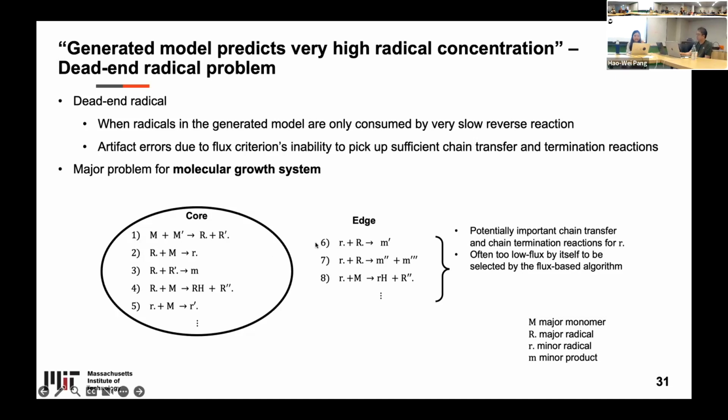But there are a ton of radicals, so there are a ton of propagation reactions, which compete with a ton of chain transfer and termination reactions, which would have very low flux all by themselves. But the combination of all these low flux reactions is important.